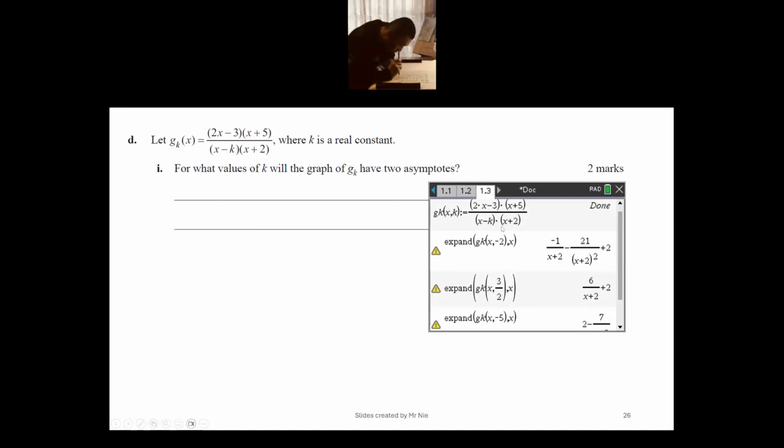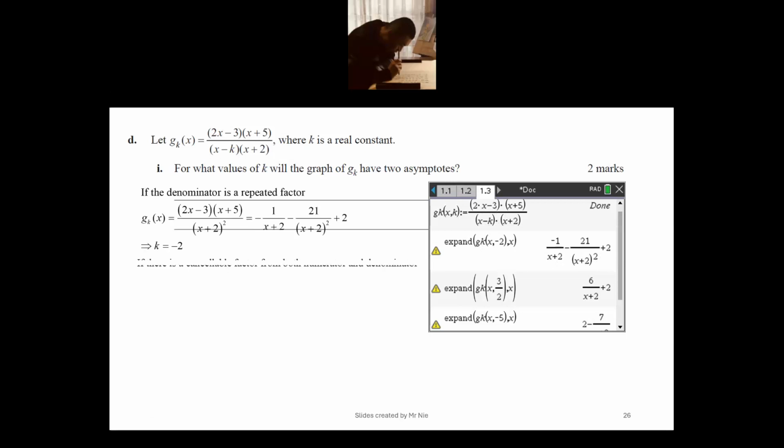So let's say if we have a repeated factor, then the bottom will just be x plus 2 squared. In fact, when you expand this case, you will just get 2 asymptotes, one vertical, one horizontal. And also there are 2 other cases where you can get some cancelable factors. And here are the steps for the necessary analysis.